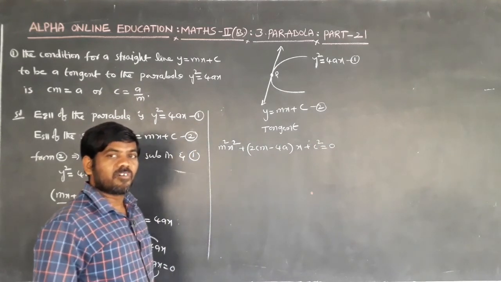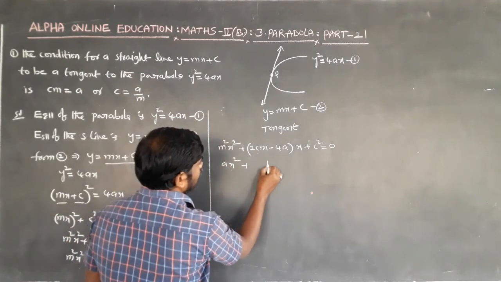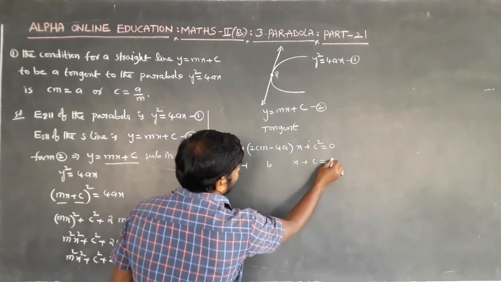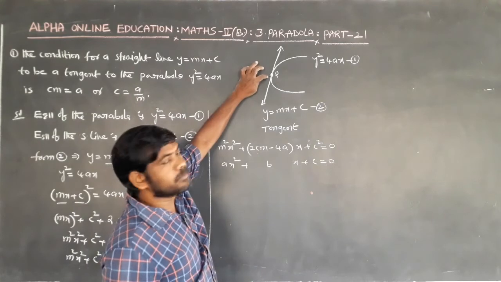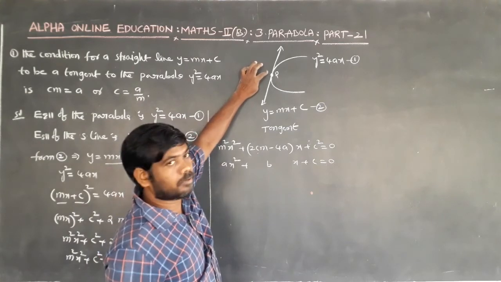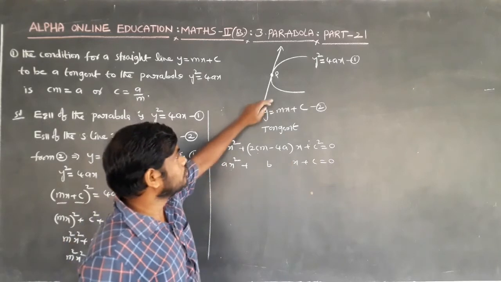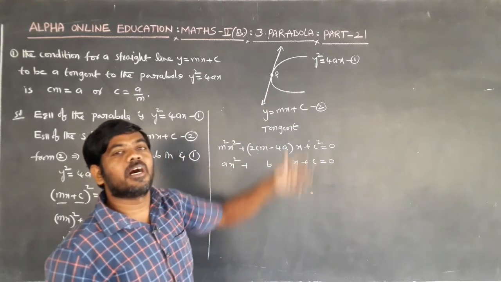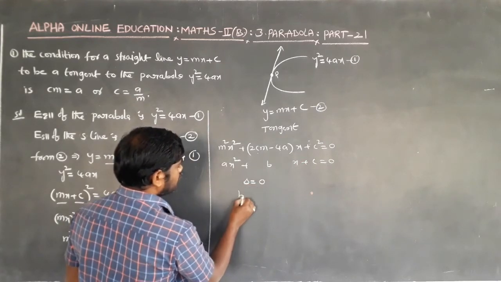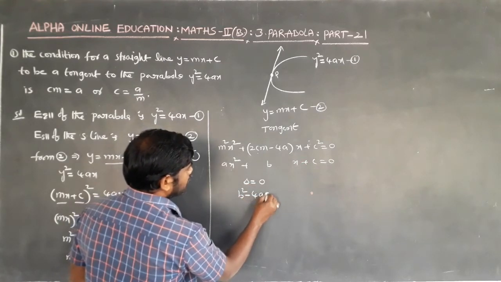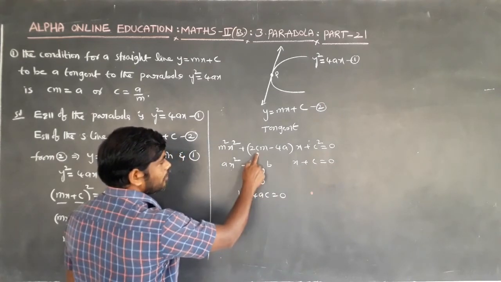This is a quadratic equation in x, ax² + bx + c = 0. Here the line touches at a single common point, so the discriminant is equal to 0. Two curves have common roots, so the discriminant is equal to 0, meaning b² − 4ac = 0.